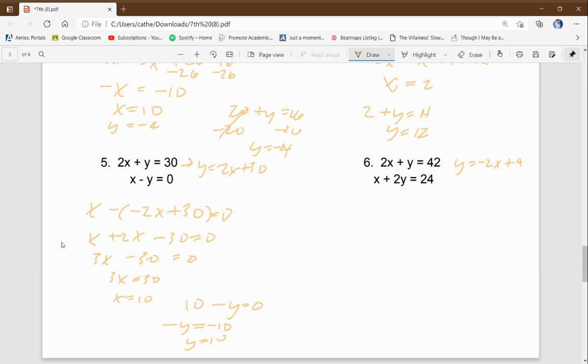Negative 2x plus 42. This is weird. x plus 2, negative 2x plus 42, 24, minus 4x.